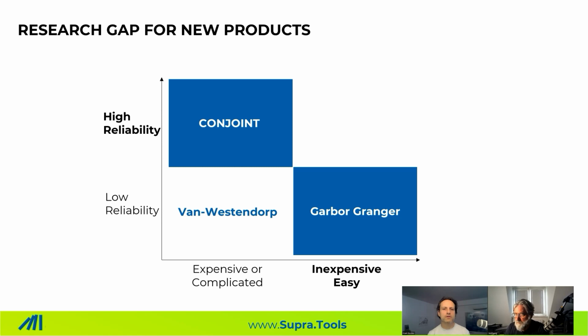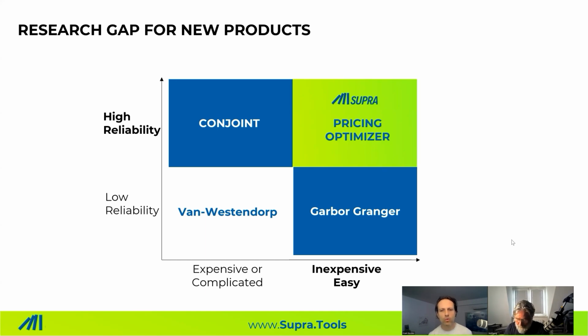Then there is the conjoint method, which is referred to as more reliable, but it's not easy and is expensive to set up. So we have a white space. We would want a method which is reliable and which is inexpensive.